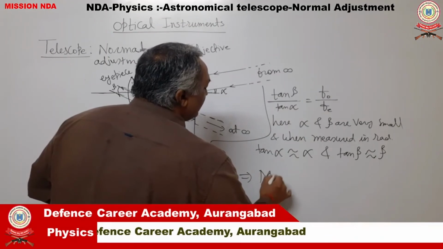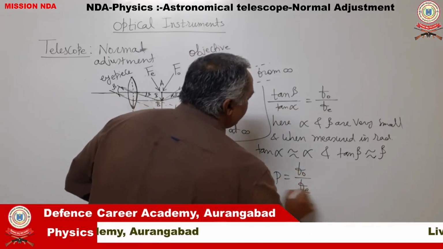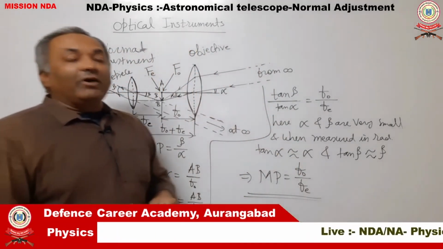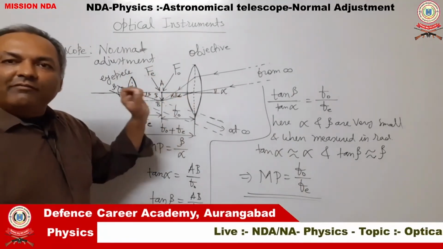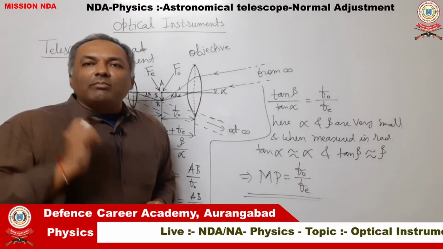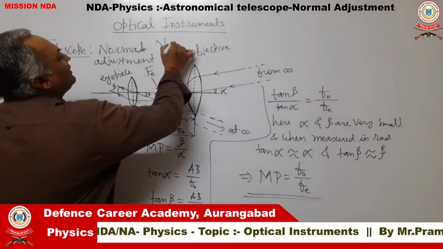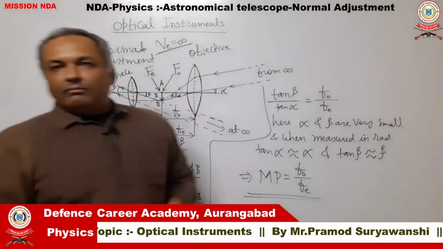That implies the magnifying power in this case is FO divided by FE. So this formula is for the magnifying power of a refracting telescope when it is in normal adjustment, that is, when the final image is obtained at infinity.